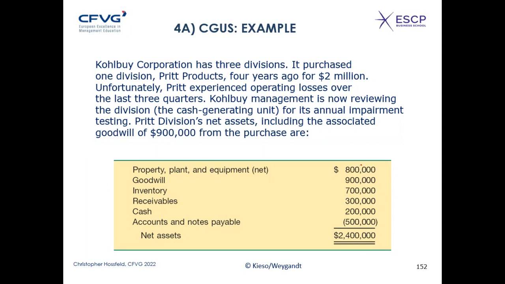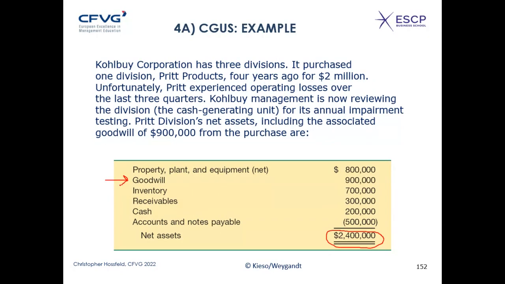Obviously, for cash generating units, we need to allocate the assets and liabilities. And here we have a net book value of our cash generating unit of 2.4 million. We see, for example, that part of the assets in the cash generating unit is goodwill.